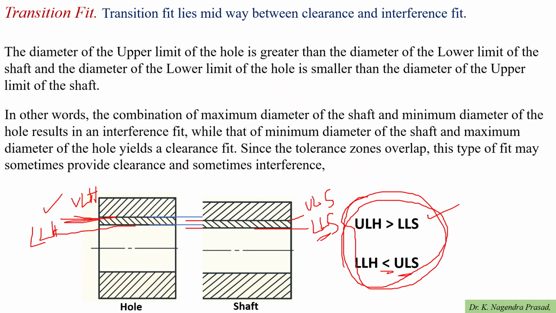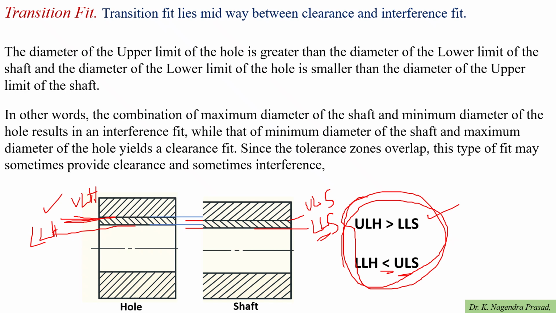In other words, the combination of maximum diameter of the shaft and minimum diameter of the hole results in an interference fit, while the minimum diameter of the shaft and the maximum diameter of the hole yields a clearance fit. So transition fit lies midway between the clearance and interference fit. Depending upon its dimensions, the fit will vary.